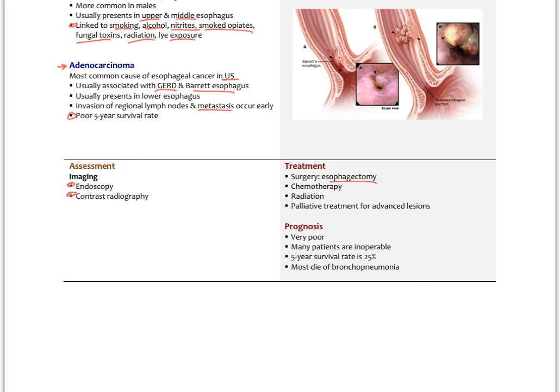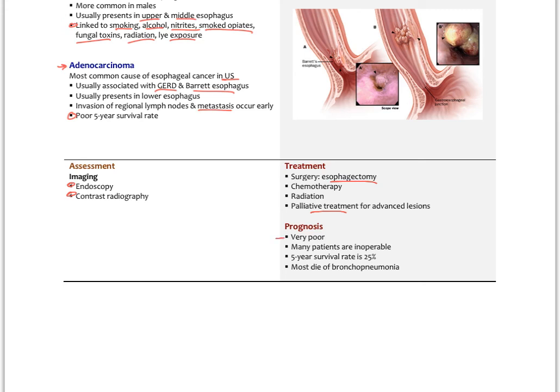Now, there is a lot of research going on into artificial esophaguses, growing esophaguses as different organs. It's an interesting area of exploration right now. But you can't obviously cut out your esophagus because you need that to eat. And so usually for more advanced lesions, the treatment is mostly palliative.